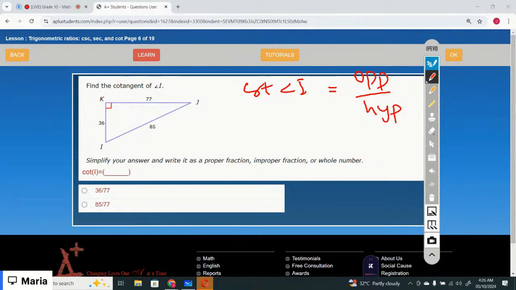No, opposite divided by adjacent. So here is I. Opposite to I is 77 and the adjacent is 36. Opposite over adjacent is 77 over 36.